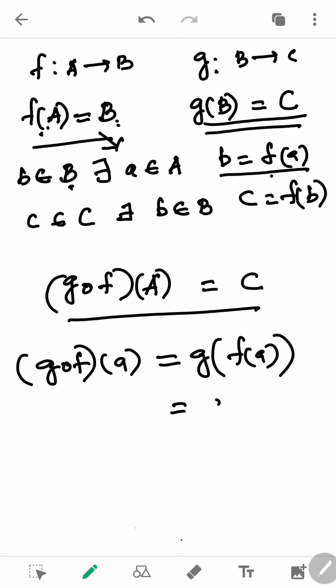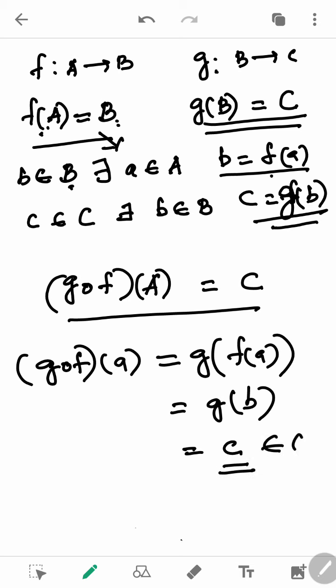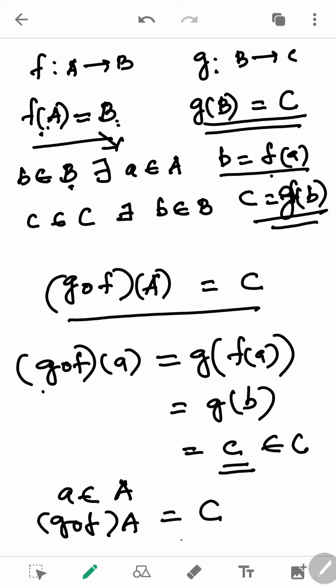That is b. So g of b. What is g of b? g of b is c. Now we have got that for an element c in C, we got an element a in A such that g composition f of a is equal to c. Therefore, g composition f is surjective.